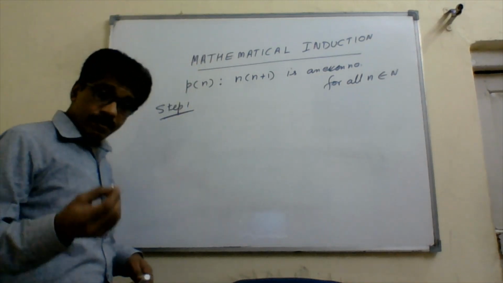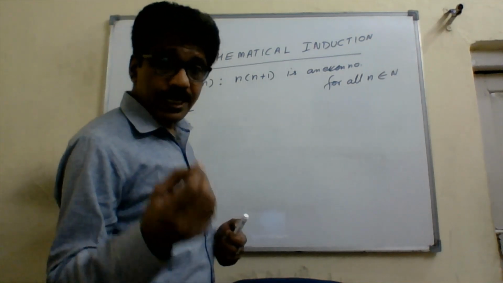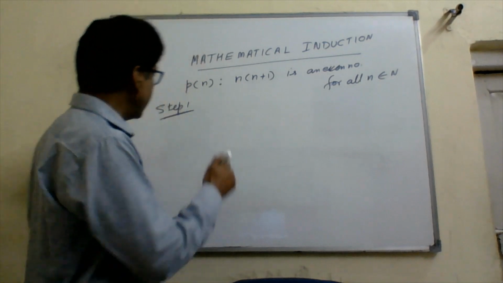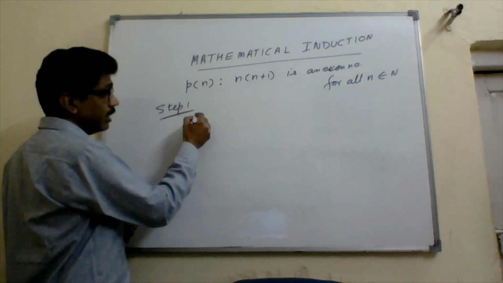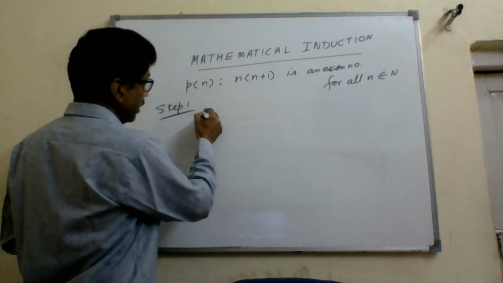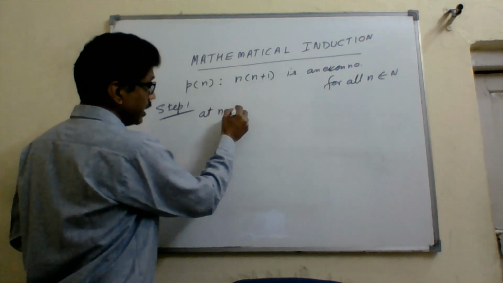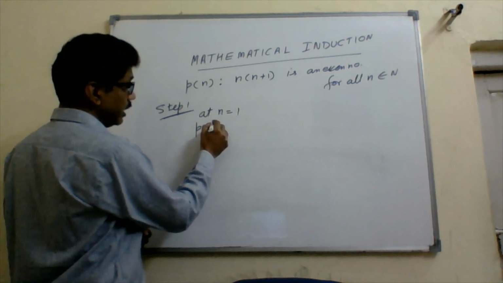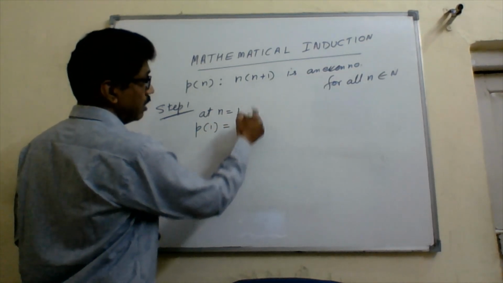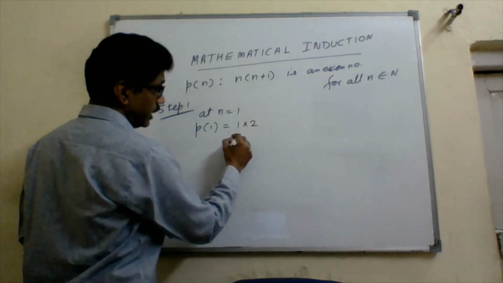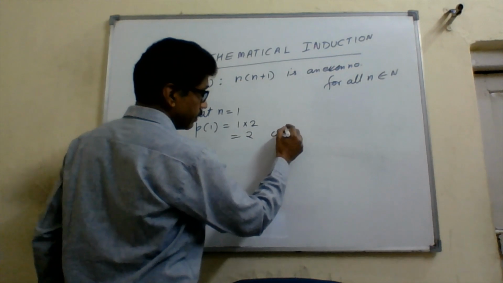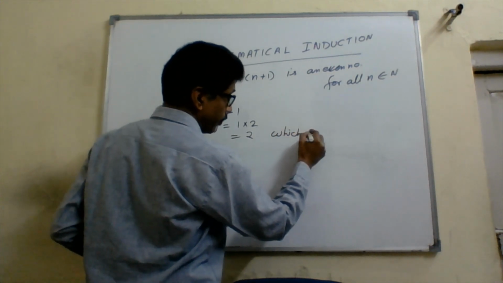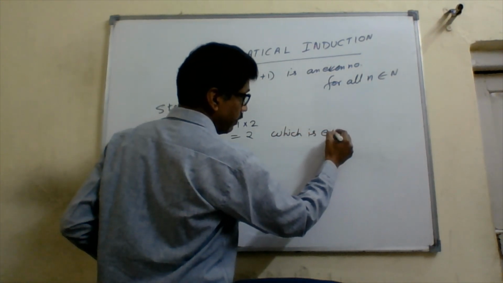The best possible natural number is 1. So in step 1, we check at n is equal to 1: P1 is equal to 1 into 1 plus 1, which is 2, which is even.